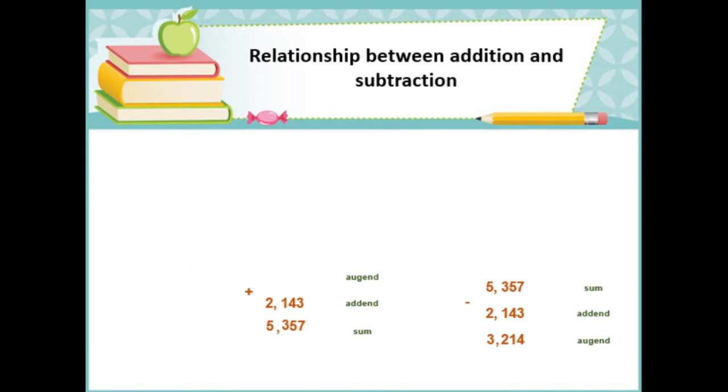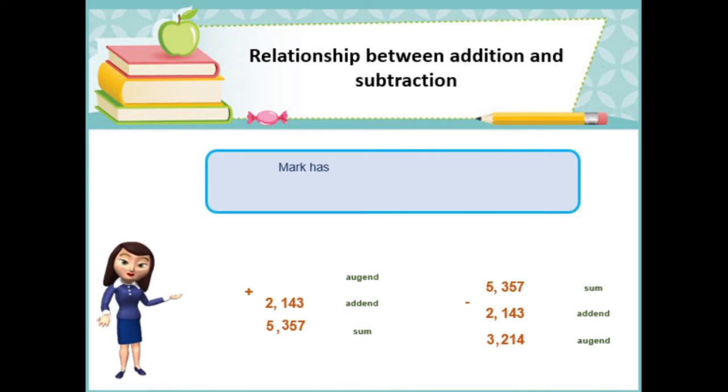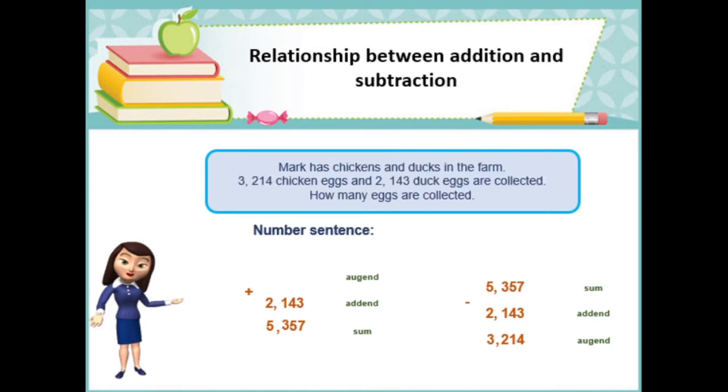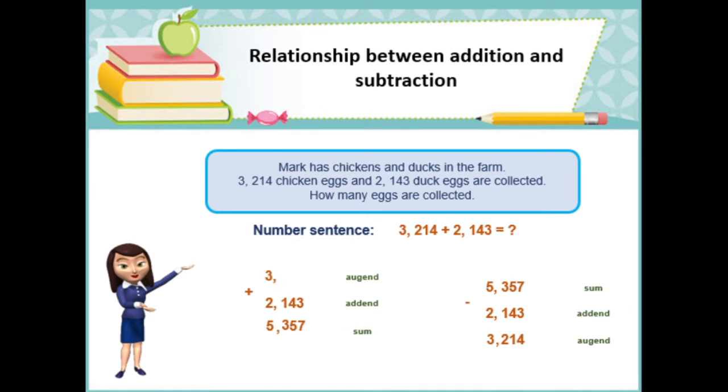Now, the relationship between addition and subtraction. As I have said, the number sentence is 3,214 plus 2,143. We solve it using the column method. Make sure that all the numbers are aligned with each other.